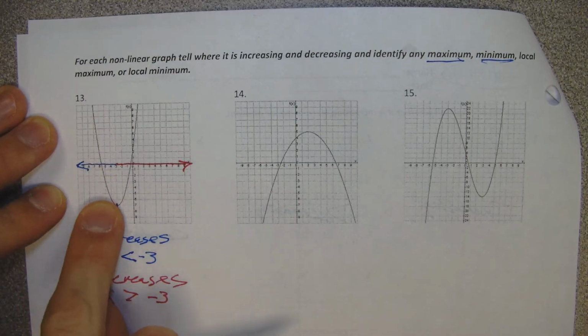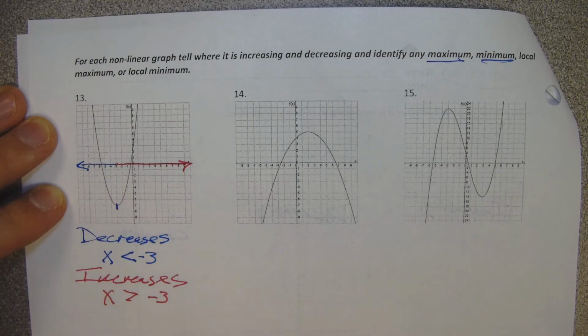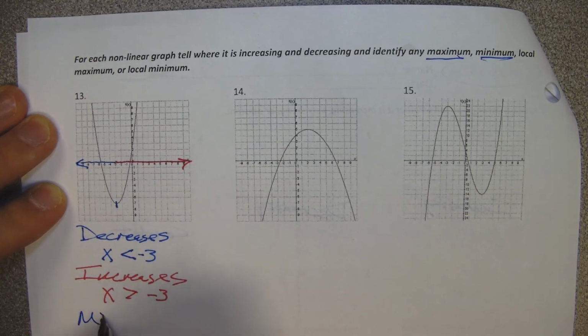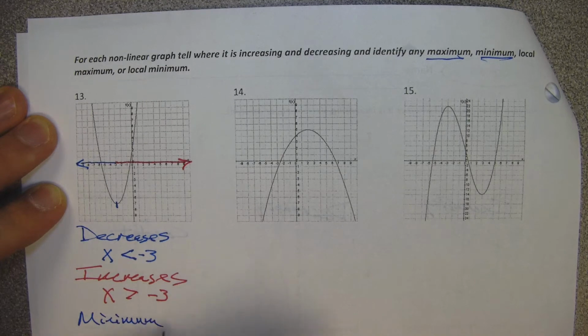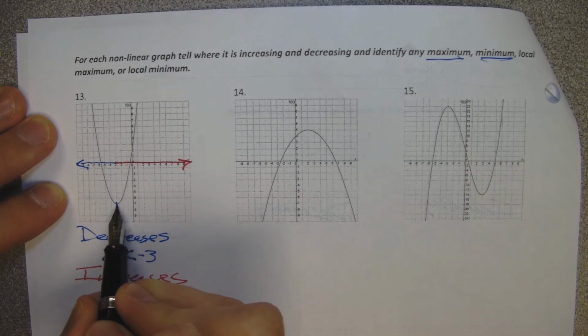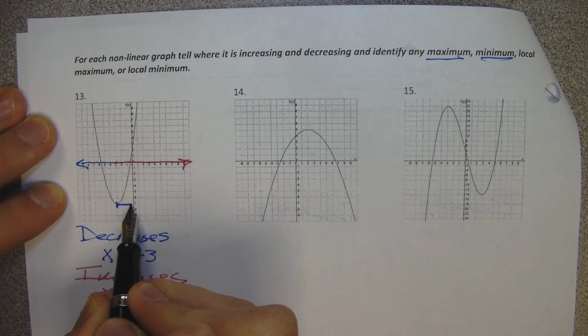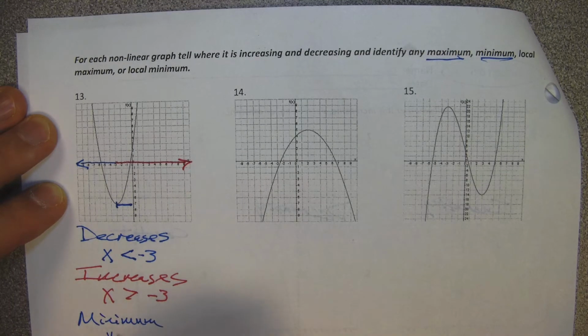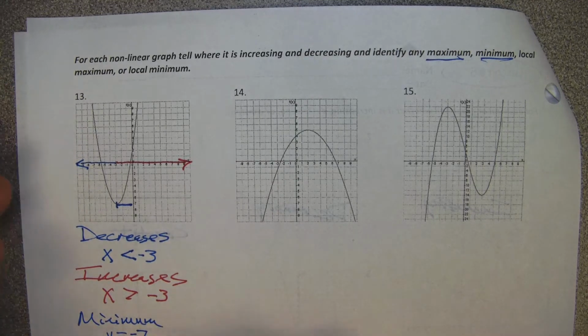It will never go lower than this spot right here. And we talk about this case, it's a minimum. And our minimum point we base on the y-axis. So I'm going to go over here and see where it falls. So it looks like it's at -7. So our minimum is where y is equal to -7. That's the lowest spot on the graph.